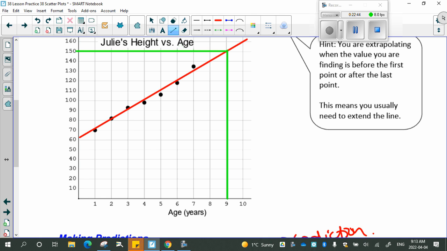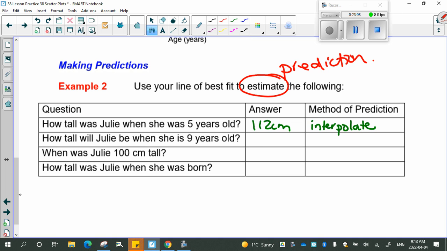I'm predicting 150 centimeters if her growth rate continued at the same rate. So you see how I drew up with my ruler to the line of best fit, looked across, and I saw 150 centimeters based on my line of best fit. This time we had to extend the line, so it's called extrapolate.